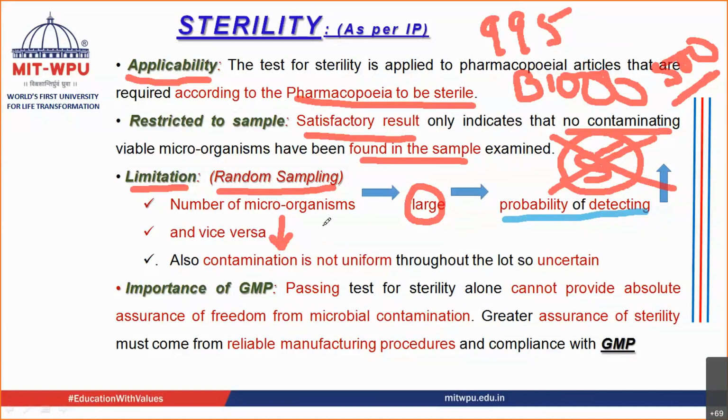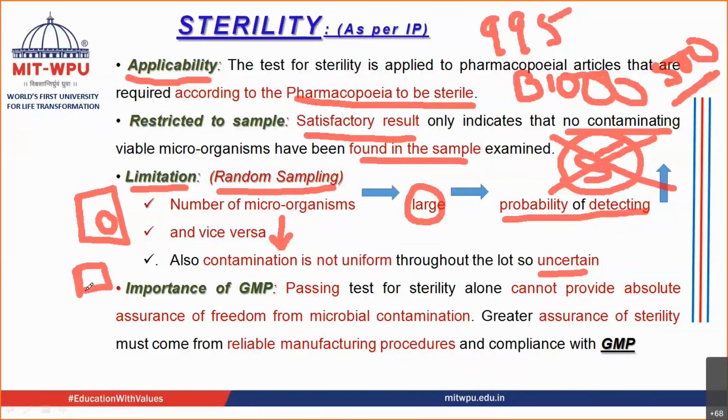Also, you have to remember that if the contamination is not uniform throughout the lot, then also it becomes very uncertain. You have a batch, and in the batch there are a few containers manufactured during a certain period of time. Those in a group are contaminated and packed in a box.